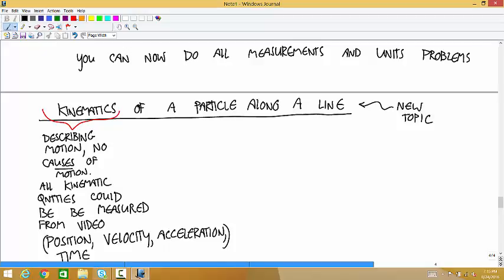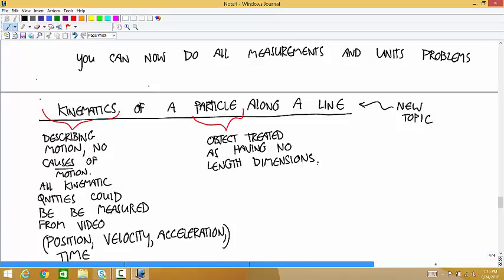And then a particle is an object that we treat as having no length dimensions. You can think of it as like we treat it like it's a point moving around in space.